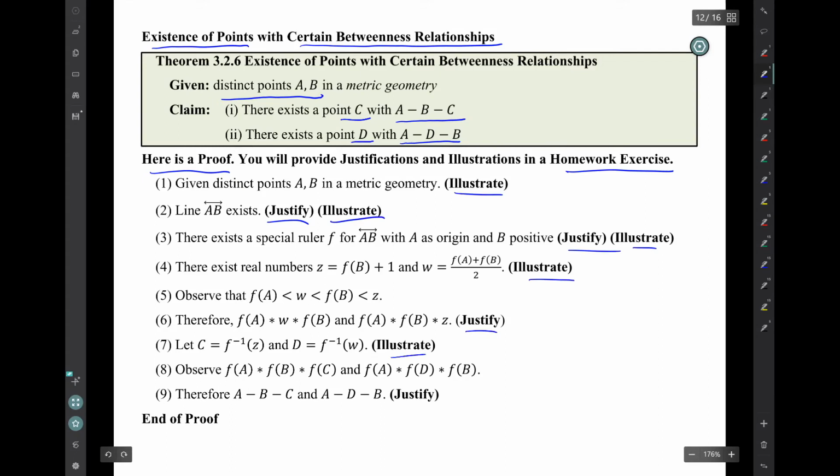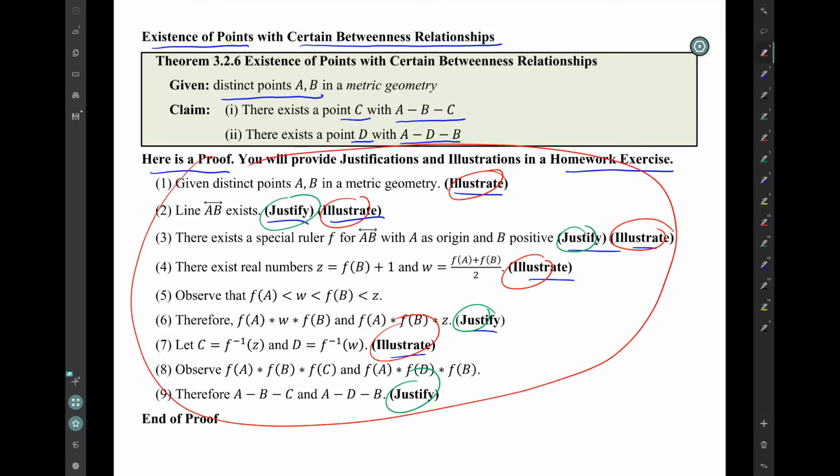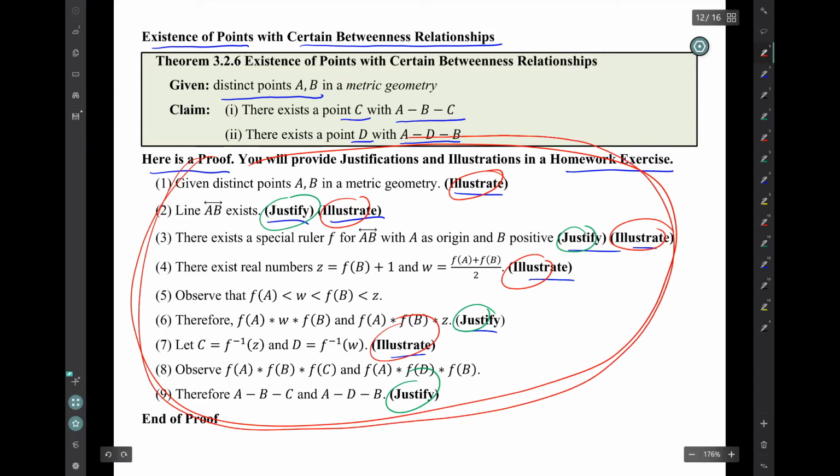So you're going to end up having to produce 4 justifications and 5 illustrations where indicated. And in your homework exercise, I want you to actually copy down these statements and add to them the justifications and the illustrations. So the end result is that you will have a fleshed out version of this proof. It'll take up a lot more space because of the justifications and the illustrations.